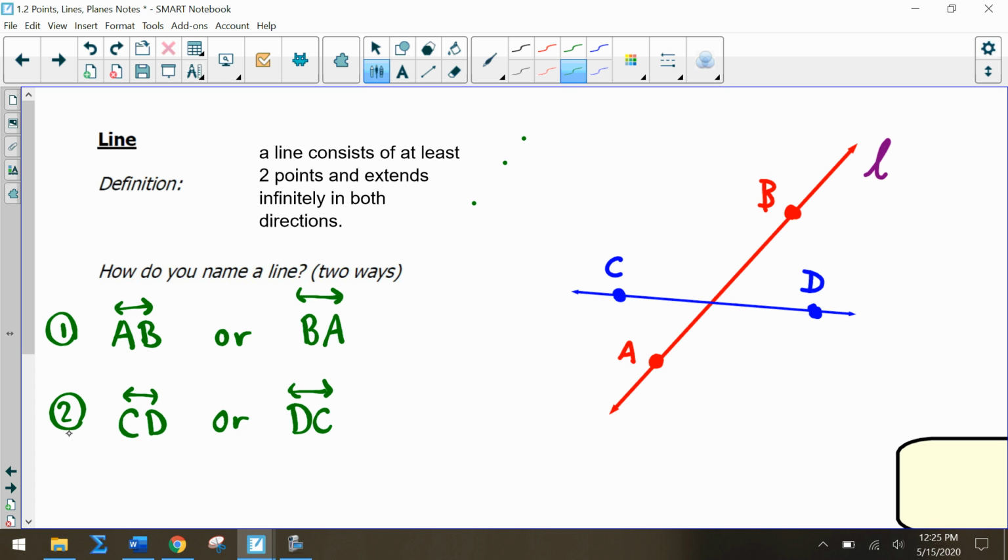Okay. And then for line BA or AB, notice how we have this lowercase letter in the top corner. Sometimes we won't see points on the line specifically, and we'll just have to name it line L and actually write out the word line. So that's important when you're looking at lines, making sure you know how to write them.